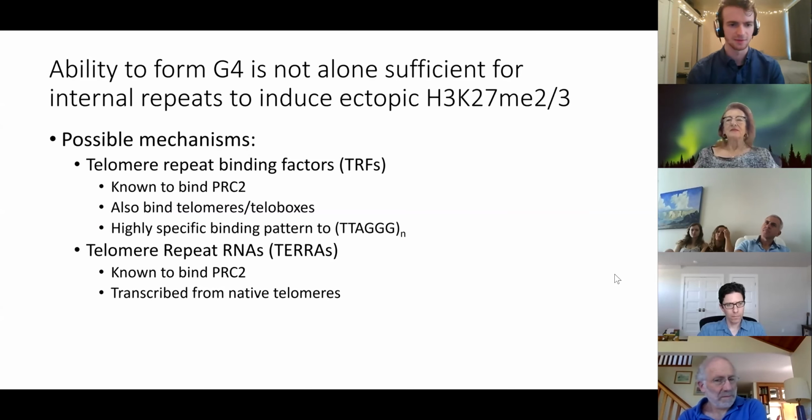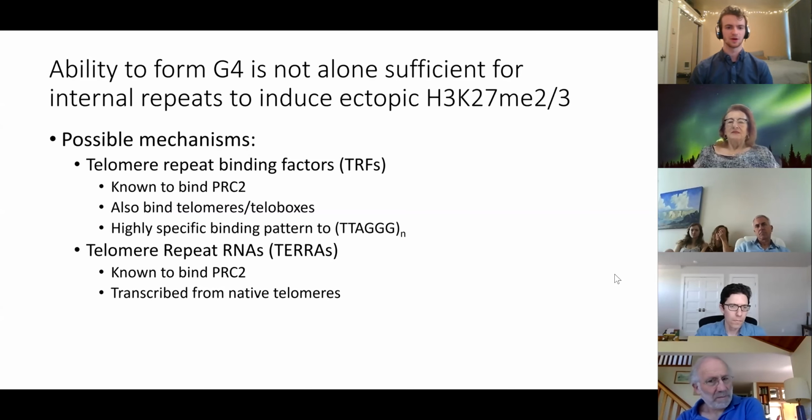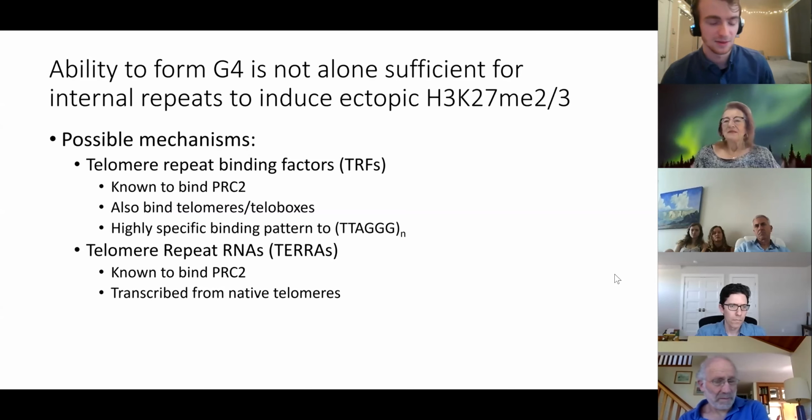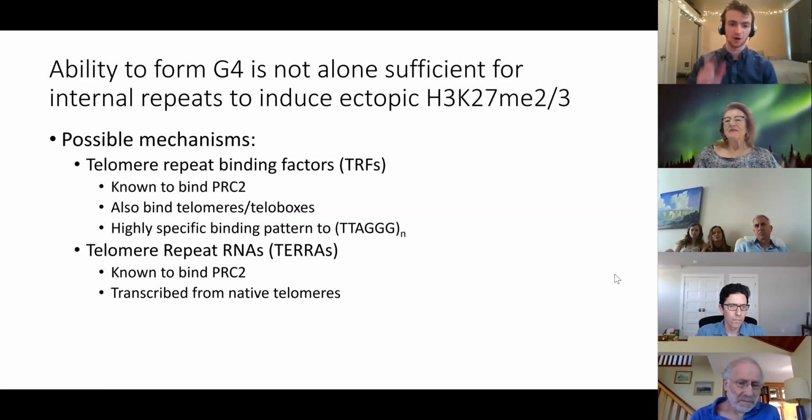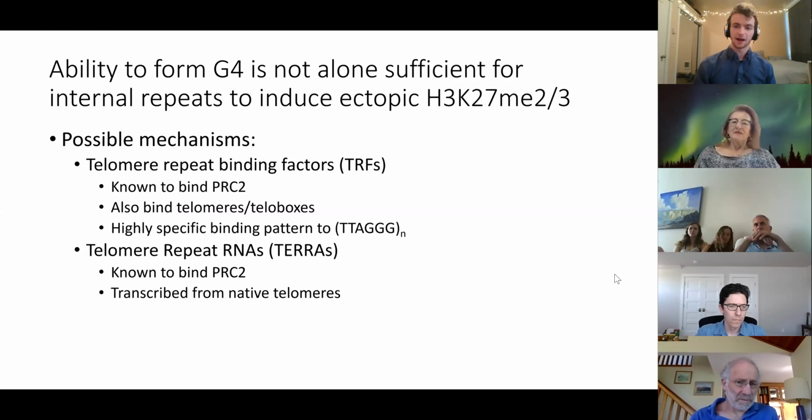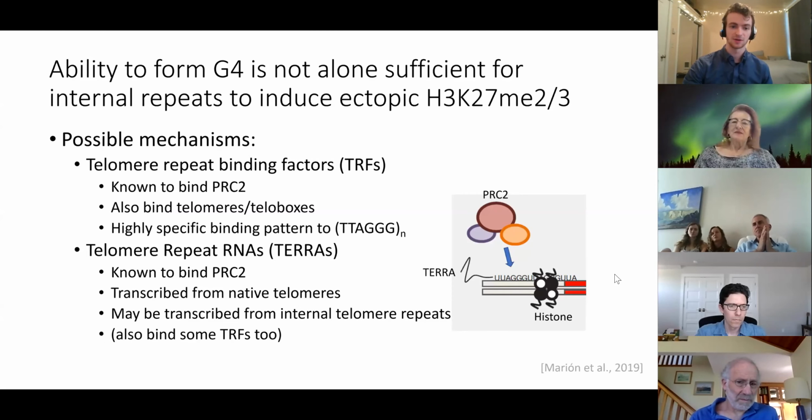Another mechanism that I thought could be responsible are telomere repeat RNAs, TERRAs, which are also known to bind PRC2, and they are basically short RNAs that are usually transcribed from native telomeres. I was thinking they could also be transcribed from the internal telomere repeats that I inserted.